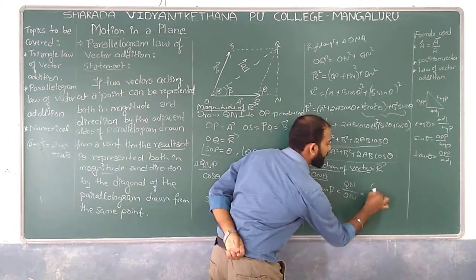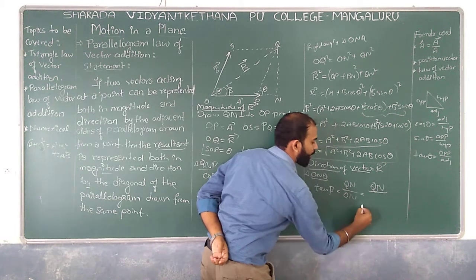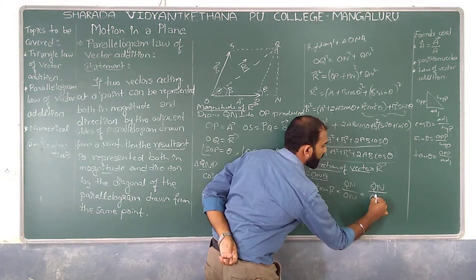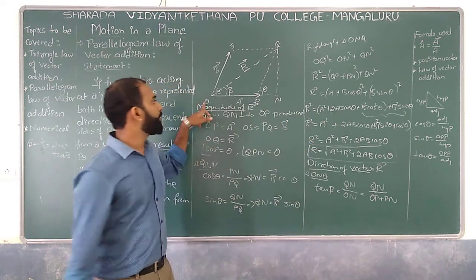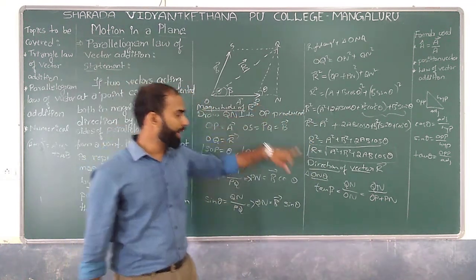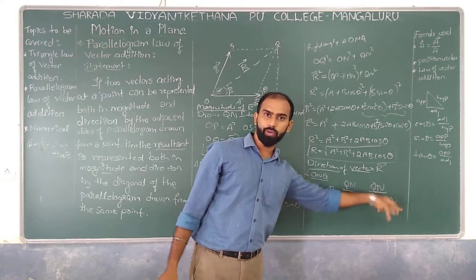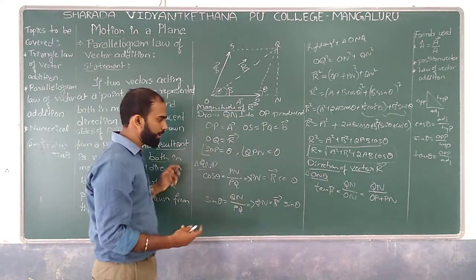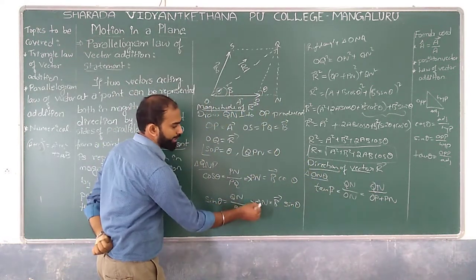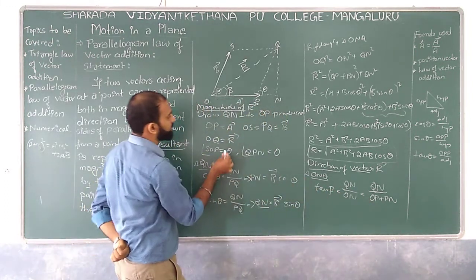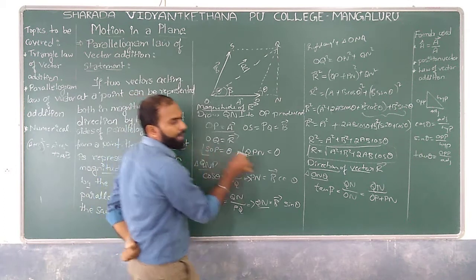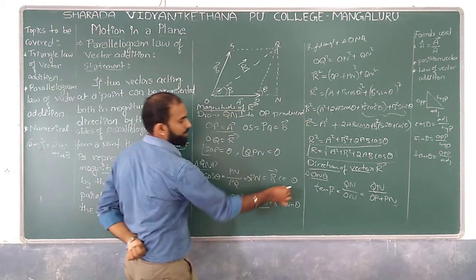So tan is QN divided by OP plus PN. Everything is ready-made over here. We can go with QN as b sin theta, OP as vector a, and PN as b cos theta.